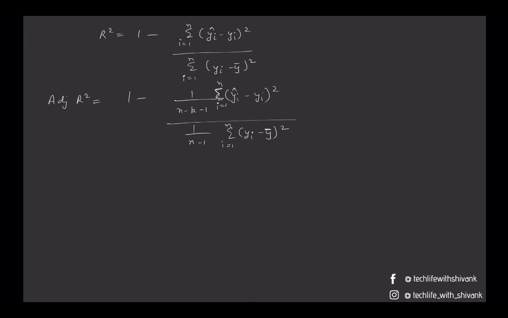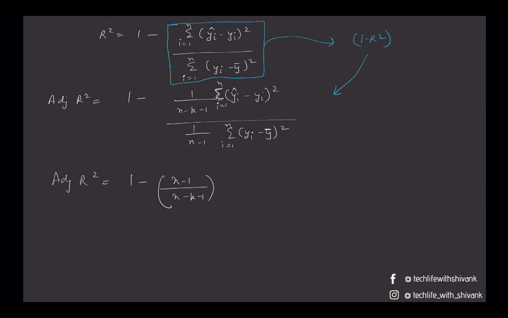Basically we can say that this ratio in the blue box is equal to 1 minus R squared. So we will replace this ratio here to get adjusted R squared equal to 1 minus n minus 1 upon n minus k minus 1 times 1 minus R squared.